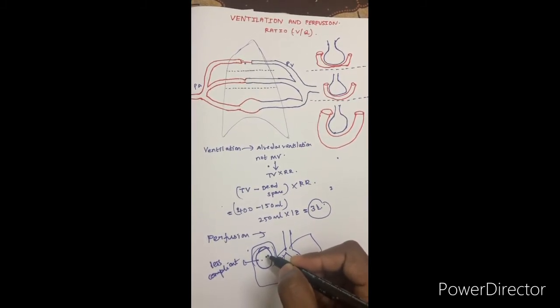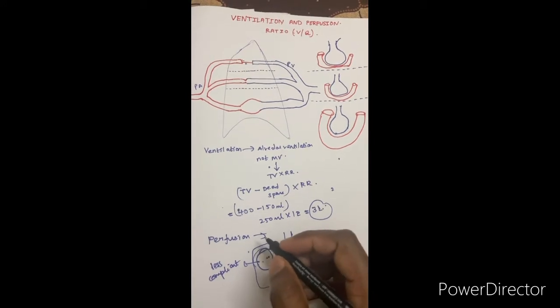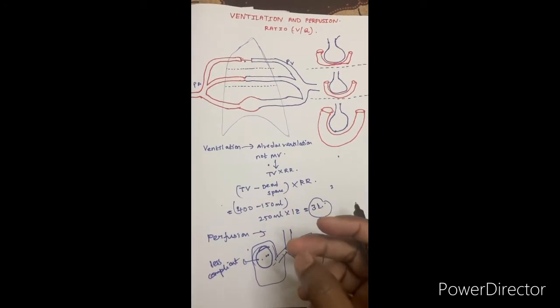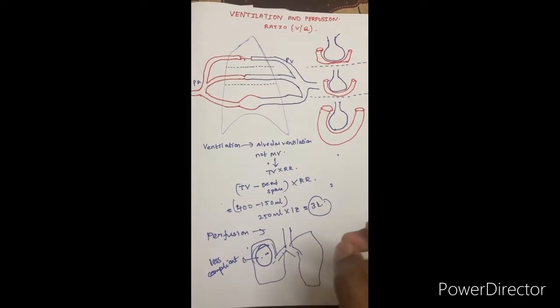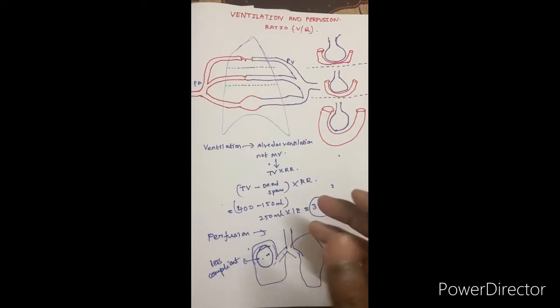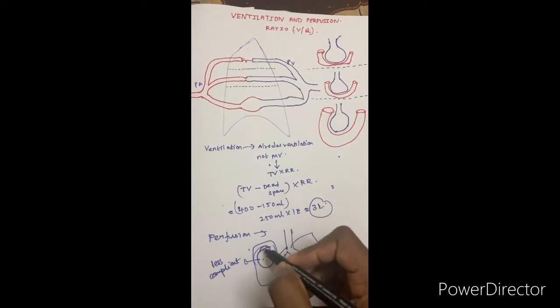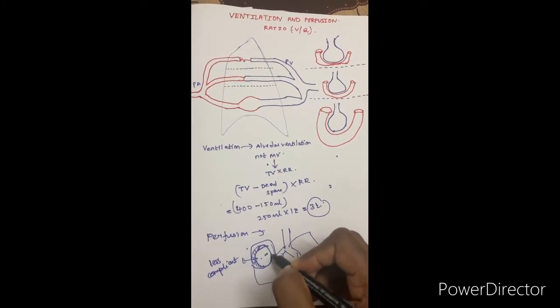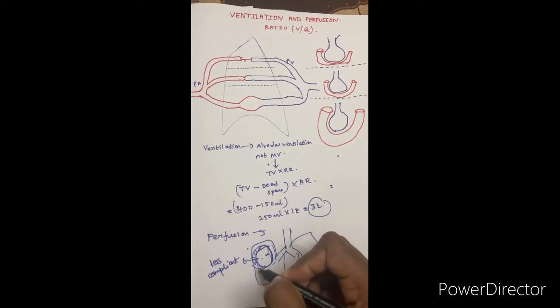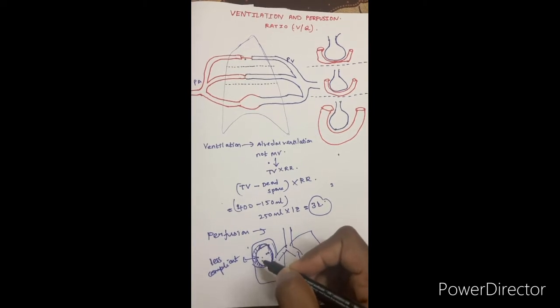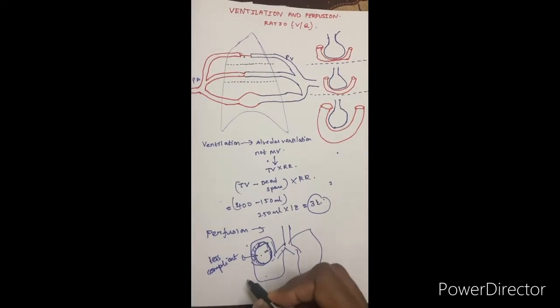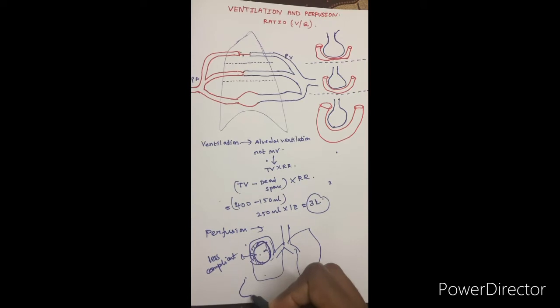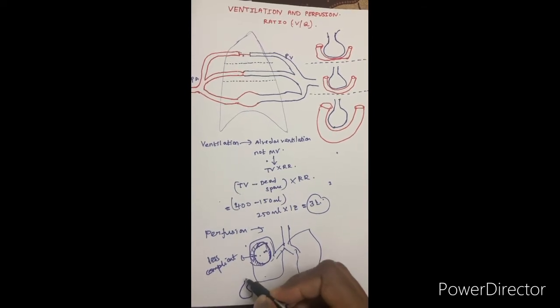For example, just consider when a balloon is inflated full. When you try to put more air into it, it will not inflate much more. It will not be able to distend more because the compliance of that alveoli is actually less. Suppose consider the base, where the alveoli are very small, like a small balloon.